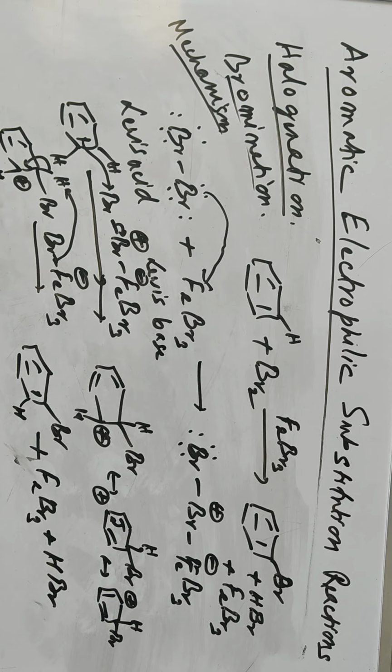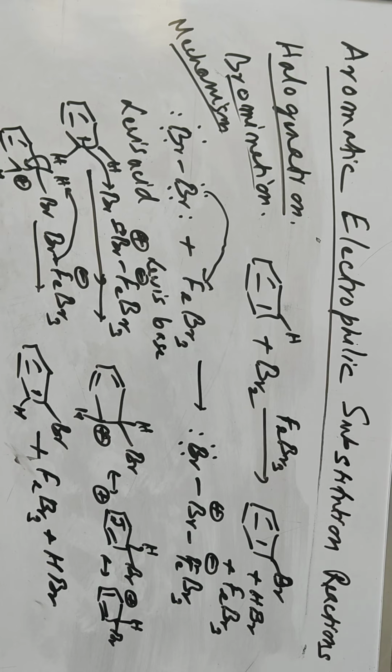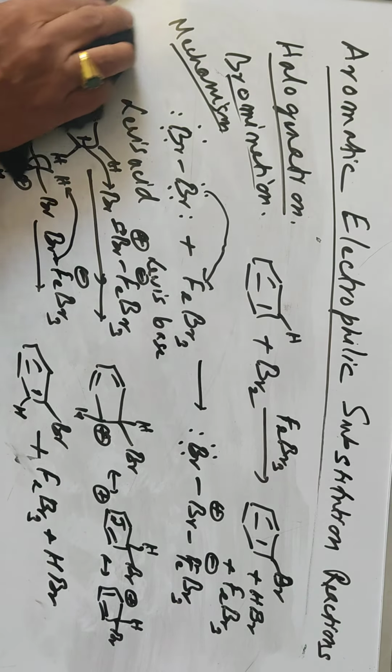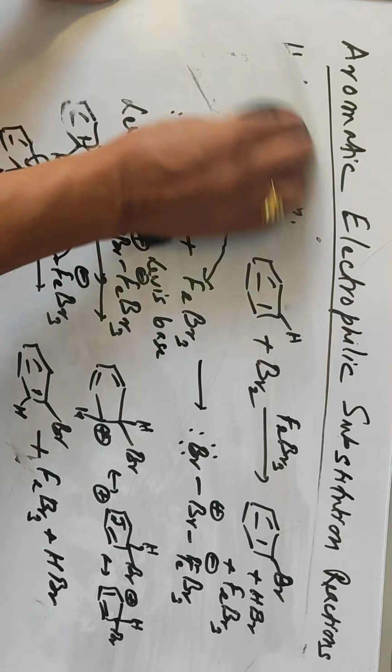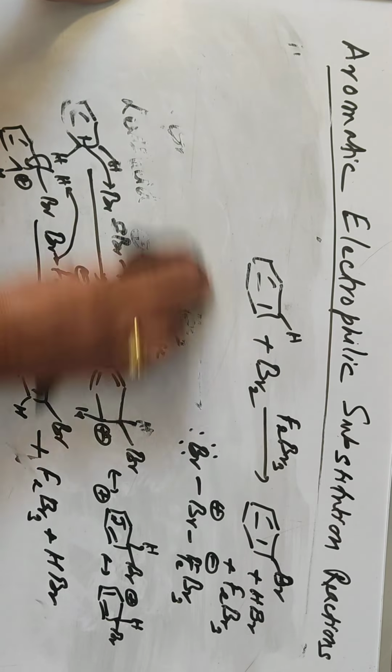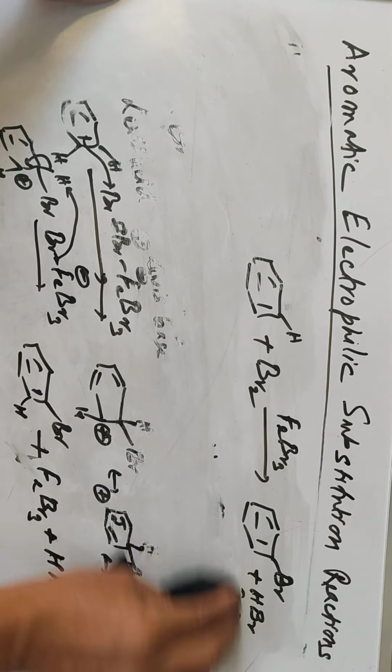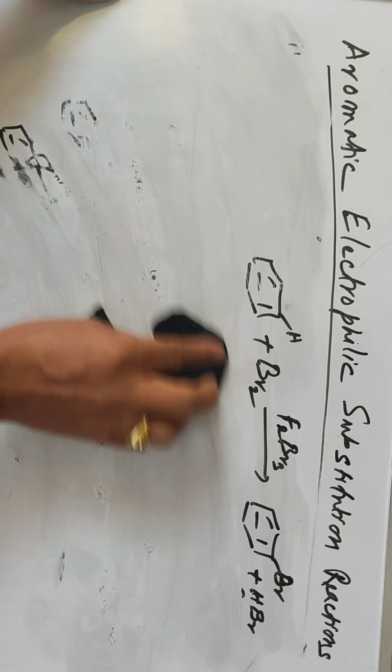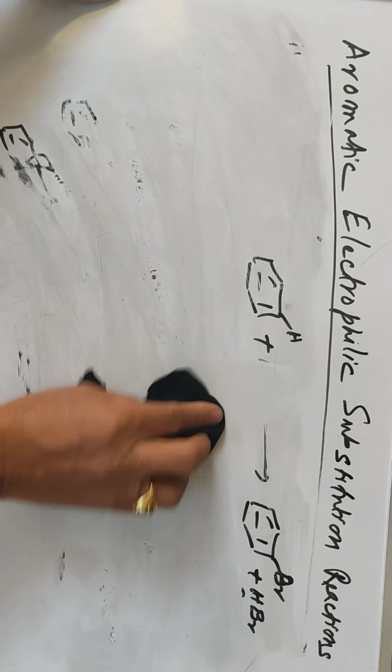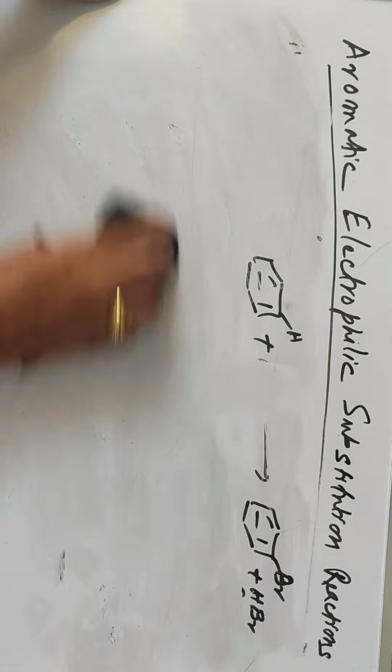Now let's discuss chlorination. We can discuss chlorination like the earlier cases. Here also, instead of bromine we can use chlorine, and aluminum chloride can be used here.